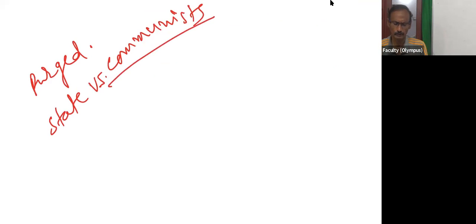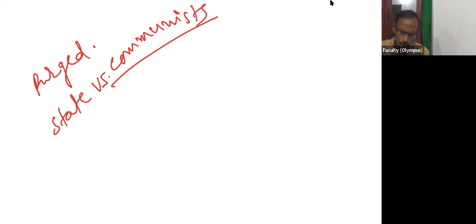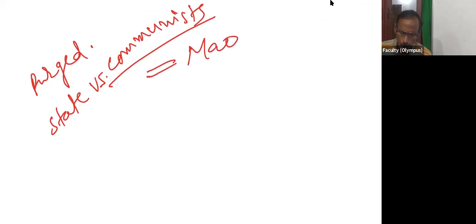And don't equate communists with Mao. There were many others. Mao emerged as an undisputed leader much later, in the 1930s.